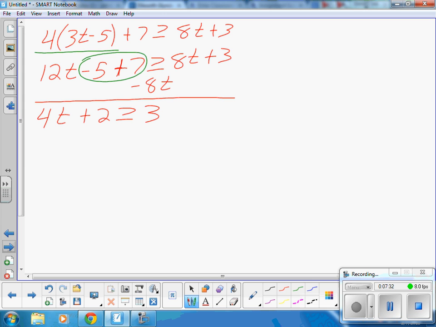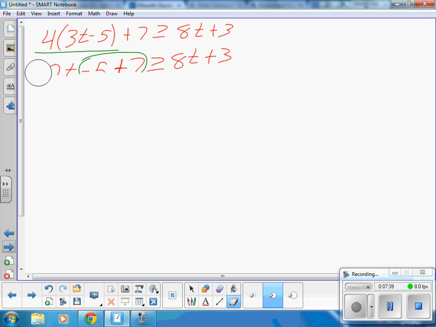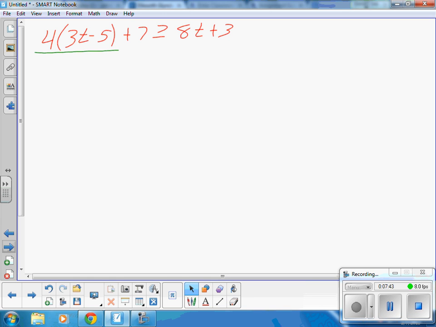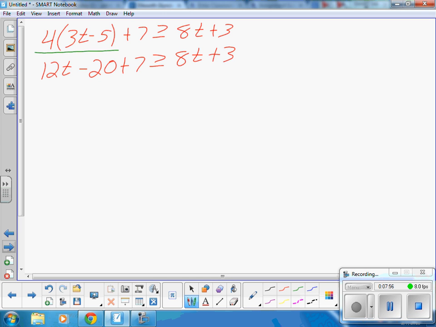Oh boy, take 2. Those people who are working in pen, it would be unfortunate. Hopefully you noticed what I did wrong and corrected it yourself. 4 times 3 is 12t minus 4 times 5 is 20 plus 7 is greater than or equal to 8t plus 3. I forgot to multiply the 4 and the 5. Okay, continue working. I'm going to subtract the 8t.